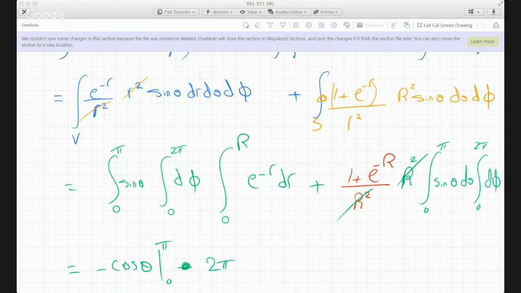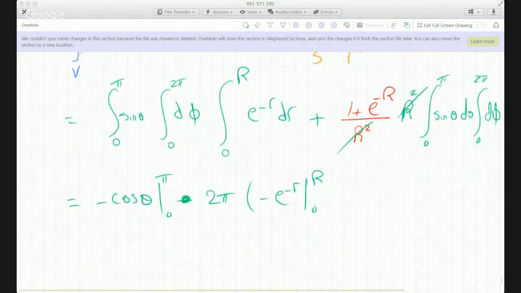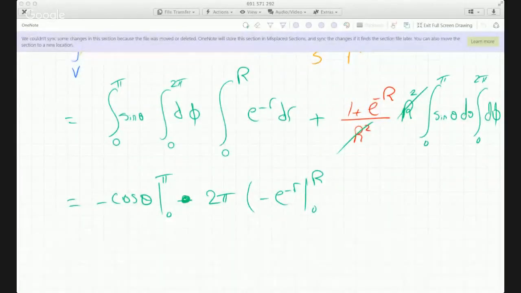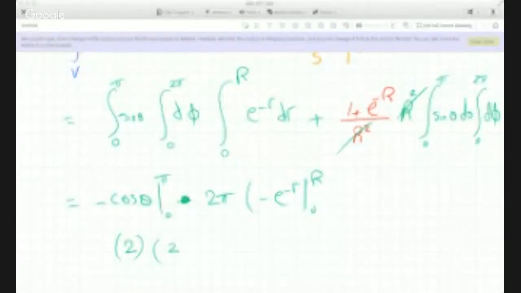This will just get you 2 pi, and this will be minus e to the minus r from 0 to r. And of course this will get you a 1 plus 1, which is 2, right? 2 times 2 pi.